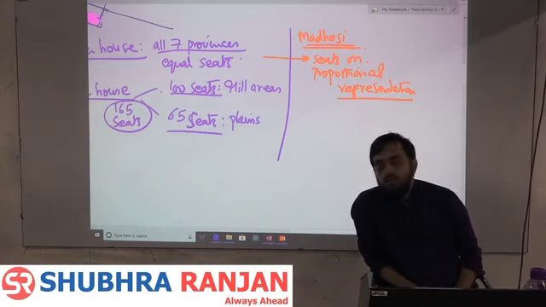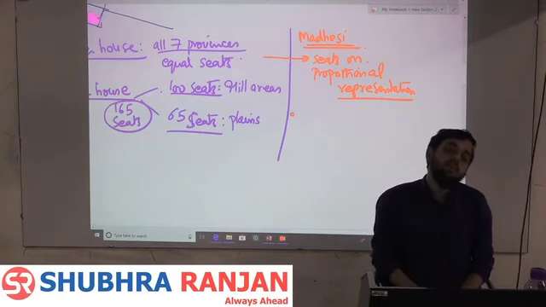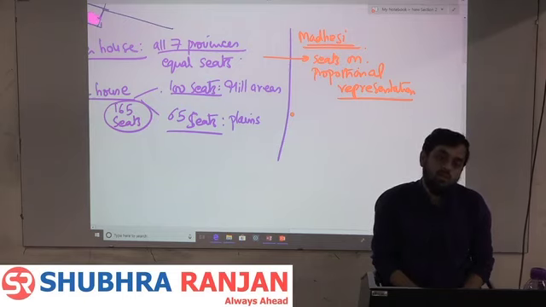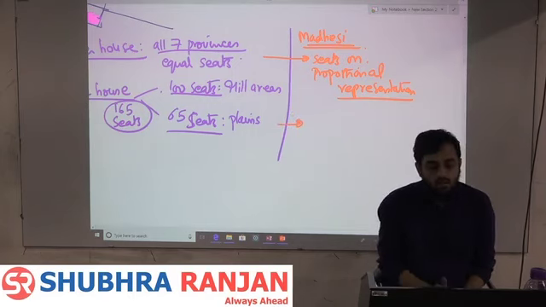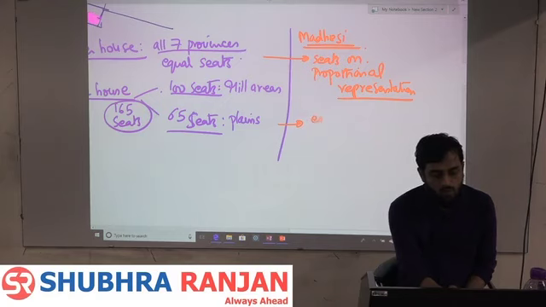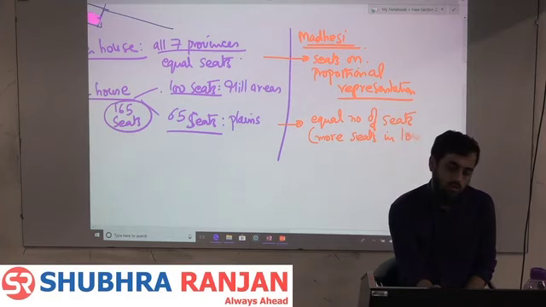So they said that seats must be in the upper house on the basis of proportion of population of each province, because this would give Madhesis what? More seats, or the Madhesi state, largely the state number 7, more seats in the upper house. Secondly, they said that they wanted equal number of seats or more seats where? In the lower house.